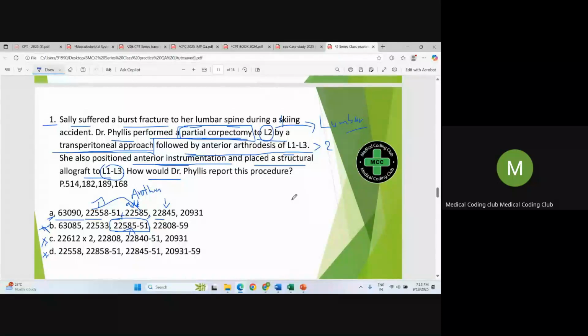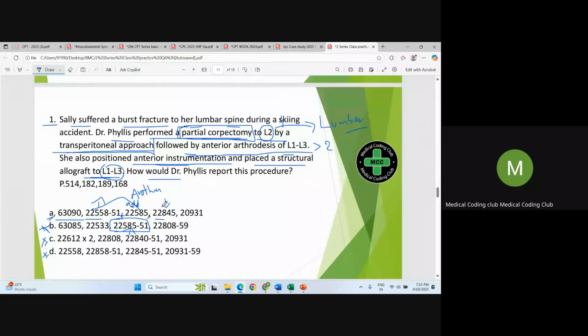And here anterior instrumentation they have performed, and when they specify L1 to L3, they are not anywhere mentioning that they did not insert to maybe L2, like that they are not saying. So they are just specifying it as she also positioned anterior instrumentation and placed a structural allograft to L1 to L3. That means with all the segments they did an instrumentation. Okay, so it's a segmental.